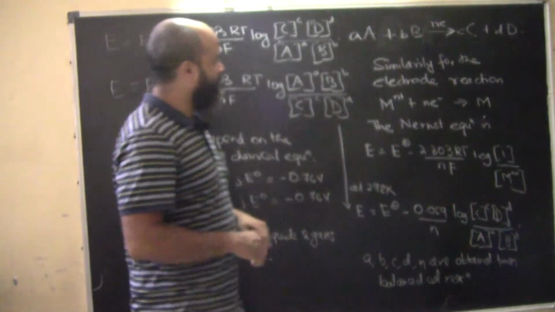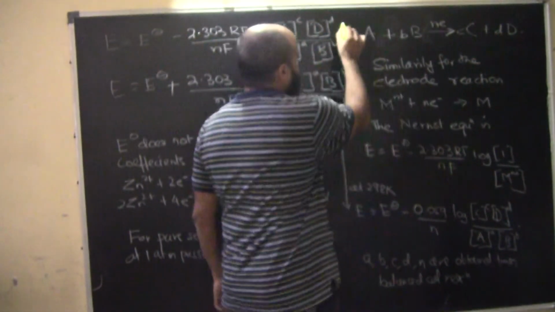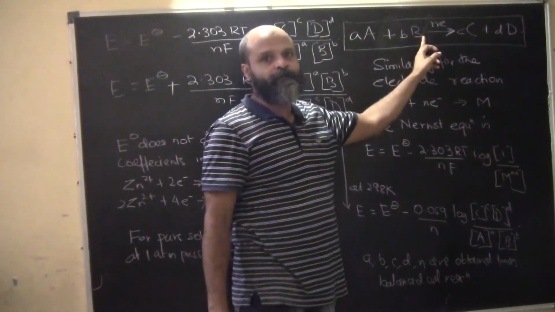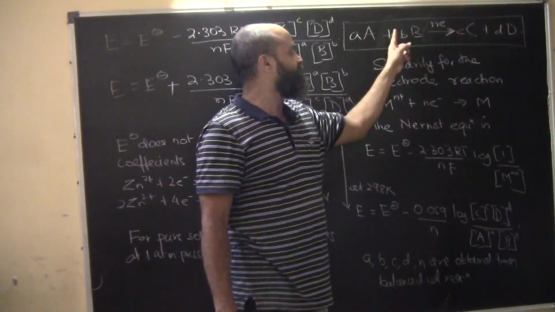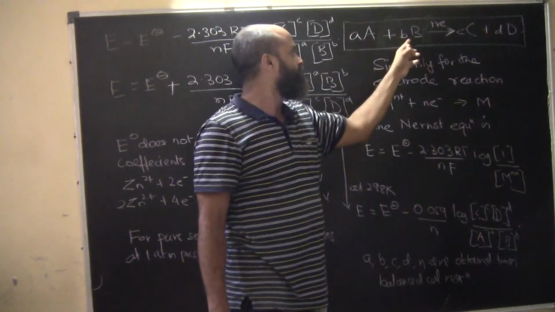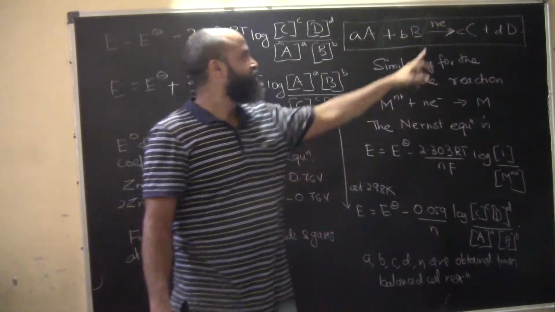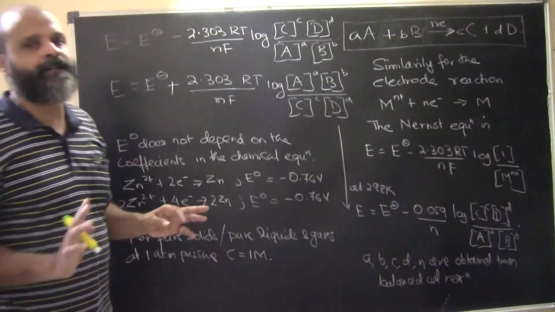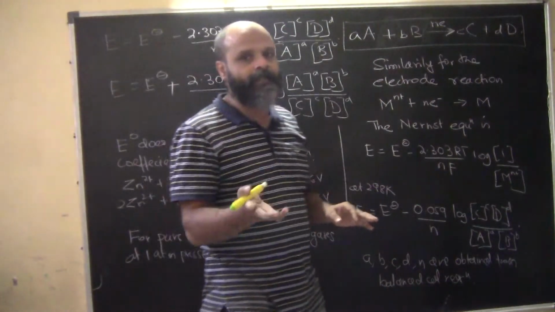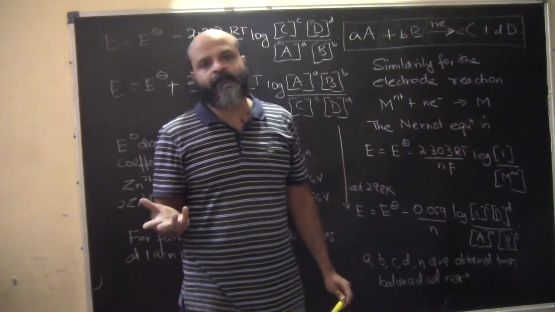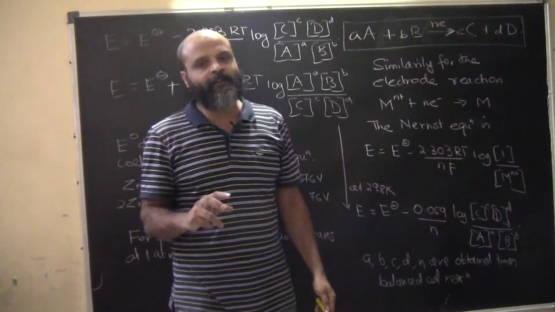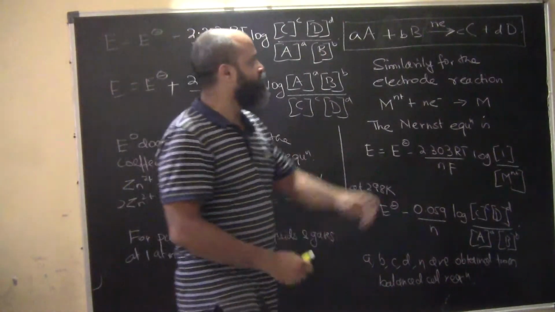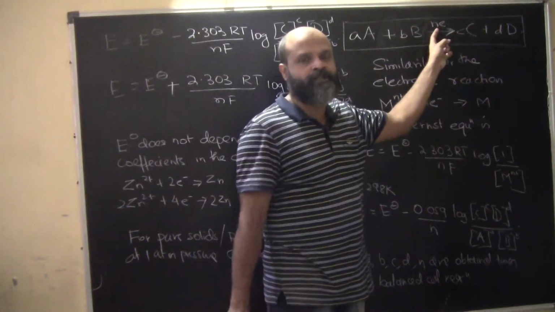Now let's say we have a reaction wherein A moles of A is reacting with B moles of B. These are the reactants. The involvement here is of n electrons, which means n electrons are given out in the oxidation process.